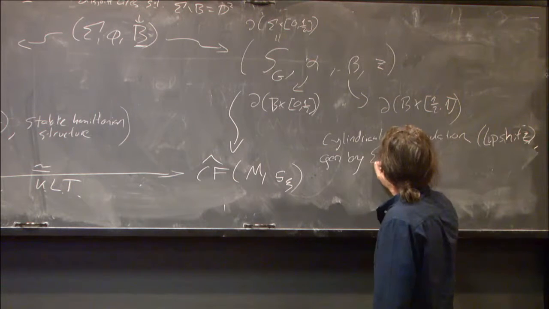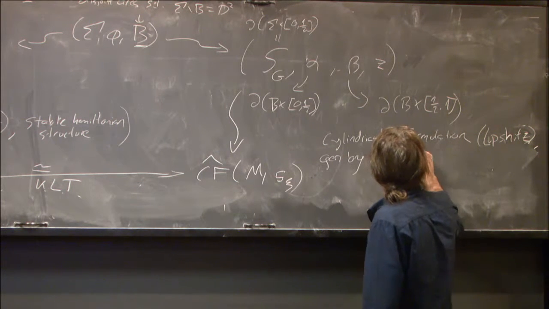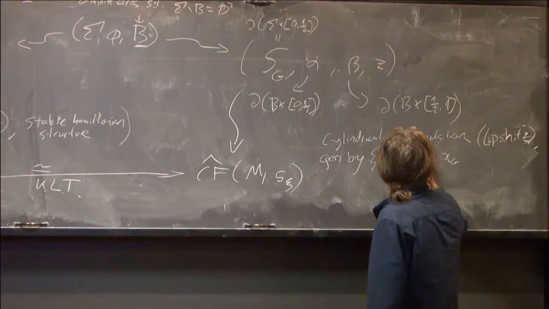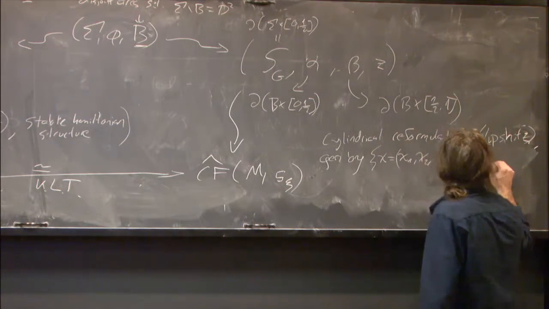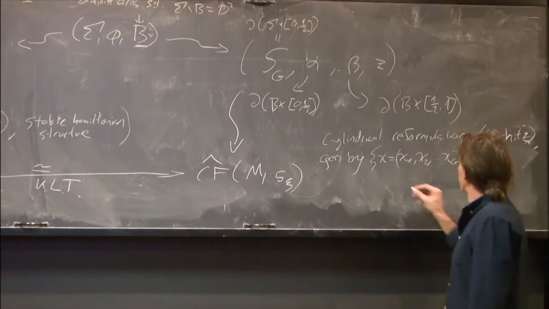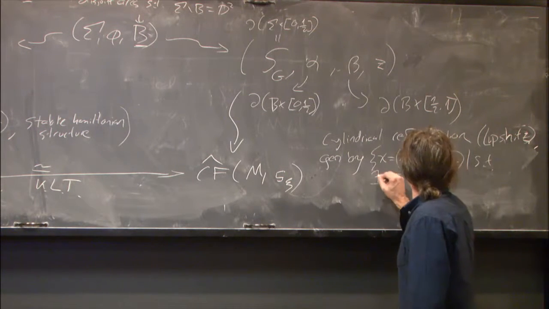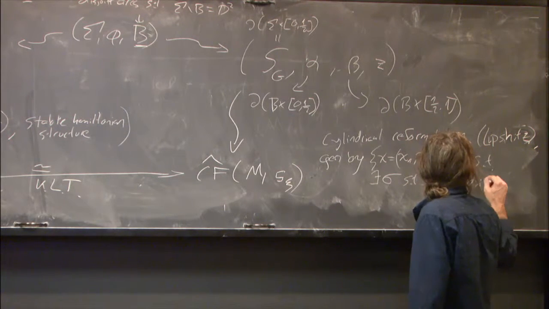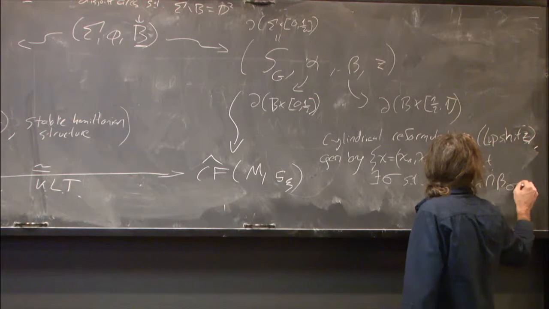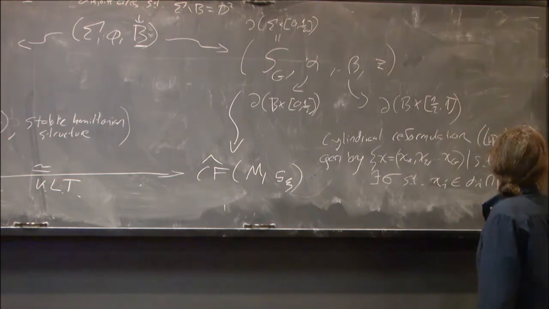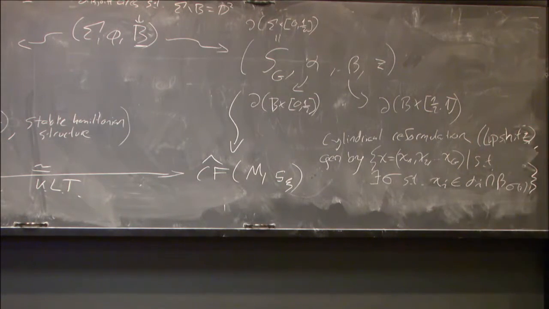So some points, let's say x1, x2, through xg, such that there's some permutation, some element of the symmetric group on g letters, such that each xi sits in alpha i intersect beta sigma of i. So the generators are just tuples of this form.